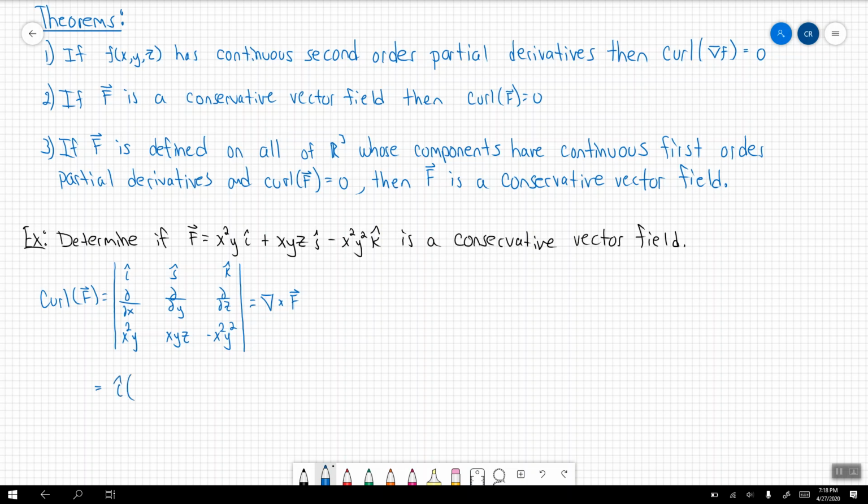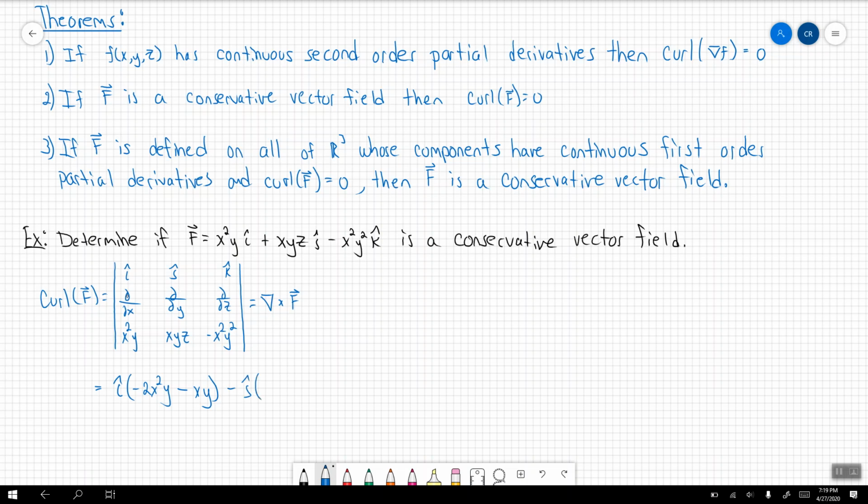In the i component, I'm going to take the partial derivative of this function with respect to y. So taking the partial derivative with respect to y gets me negative 2x squared y, minus the partial derivative here with respect to z, which should be just xy. Looking pretty good. Let's keep going. Minus the j component.